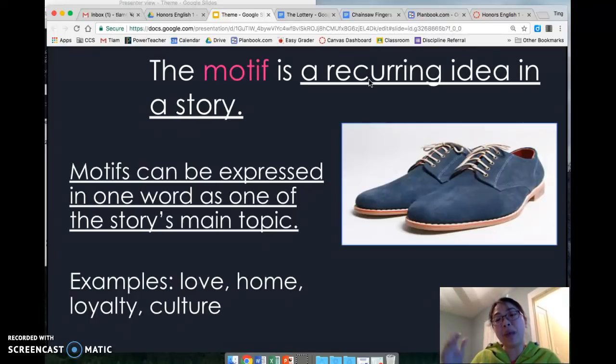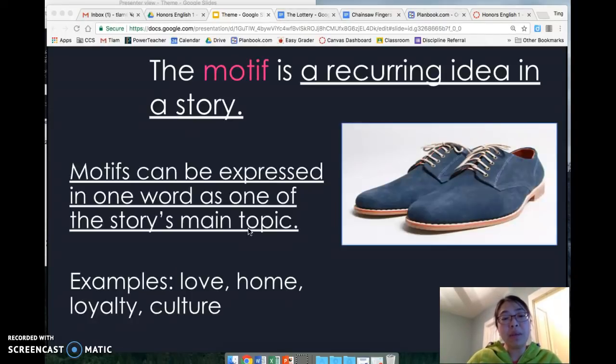So you start seeing this pattern in the story. Motifs can be expressed in one word as one of the story's main topics. Basically, think if you were to summarize the feeling of that story or one big topic that story carries, that would be the motif.